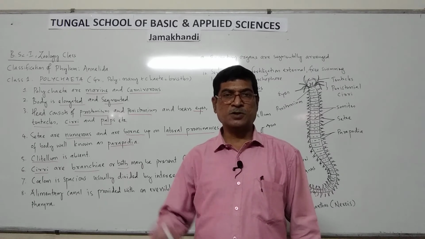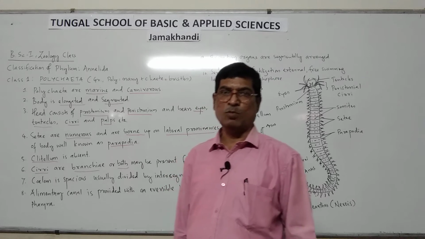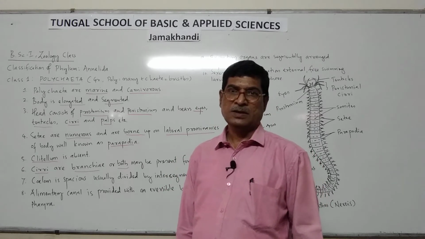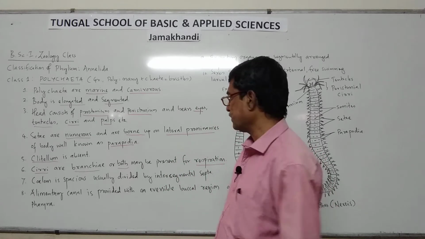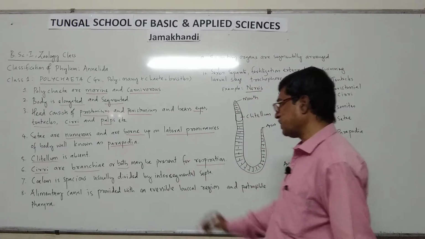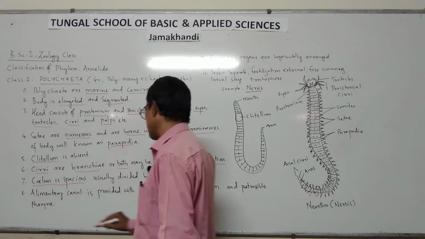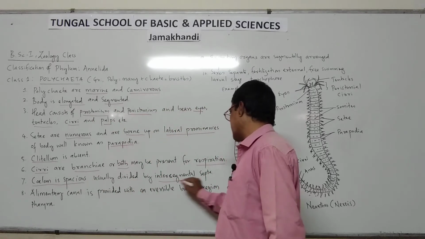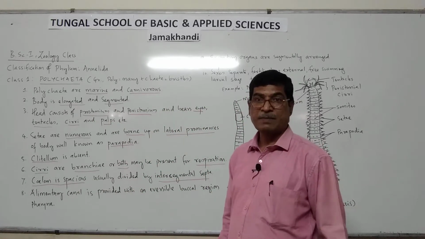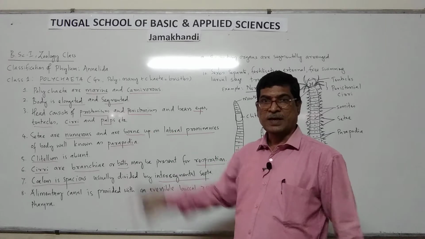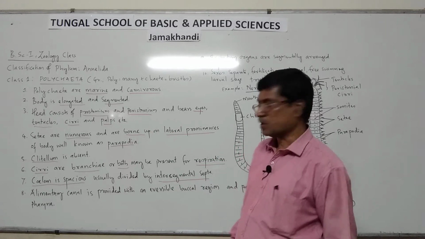Their respiration occurs through the general body surface, the moistened body wall. Then coelom is spacious. It is usually divided by intersegmental septa. A similar type of arrangement was present in earthworm also.